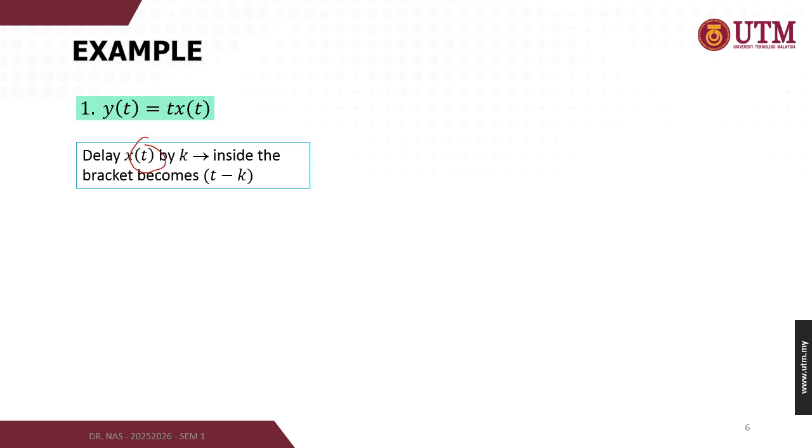So y(t) delayed by k. No changes on t because t is outside the bracket and it does not belong to the input signal. So only x inside the bracket is delayed by k. So this is the first equation.